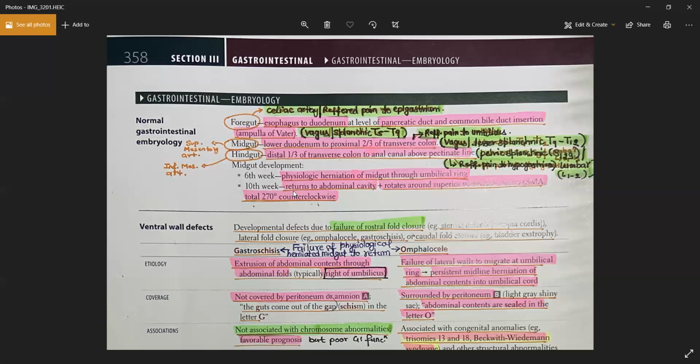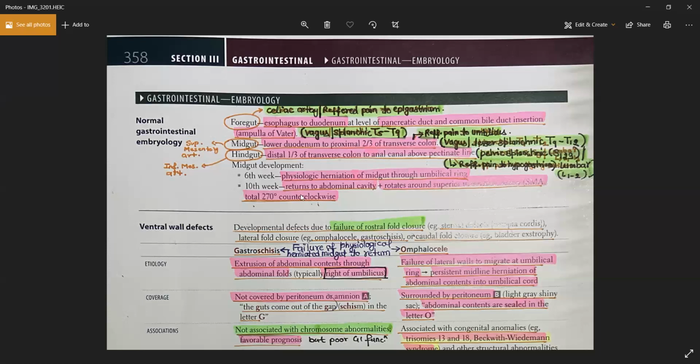After returning back, it will again turn another 180 degrees. So outside the umbilicus, it is a 90 degree counterclockwise rotation, in the direction opposite to the clock. Then when it gets inside the body again, once more a 180 degree rotation happens.